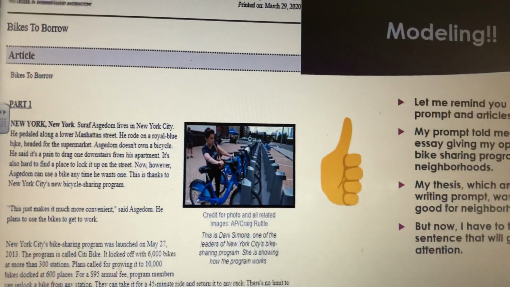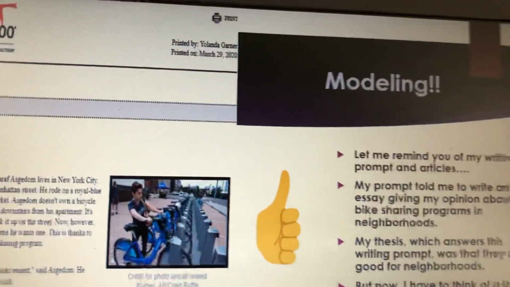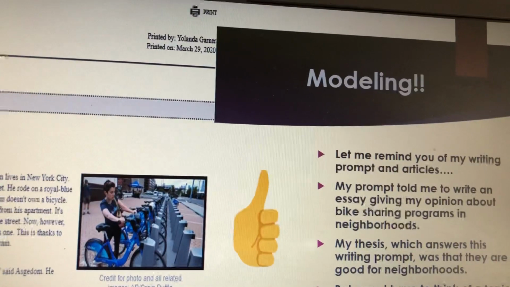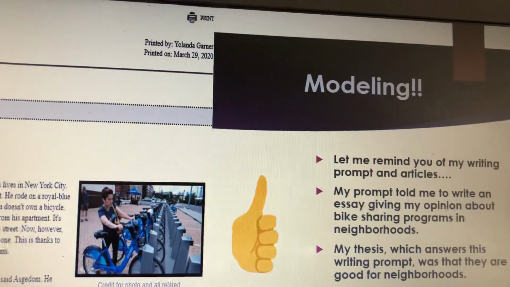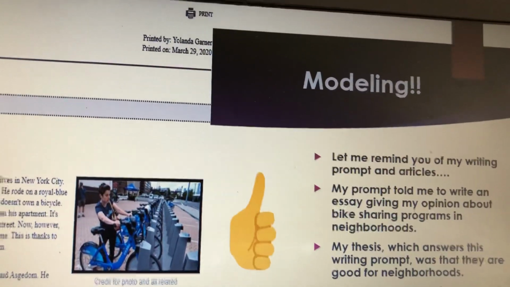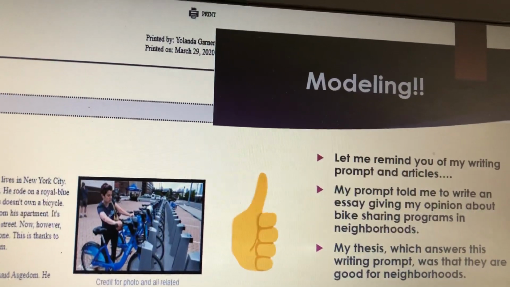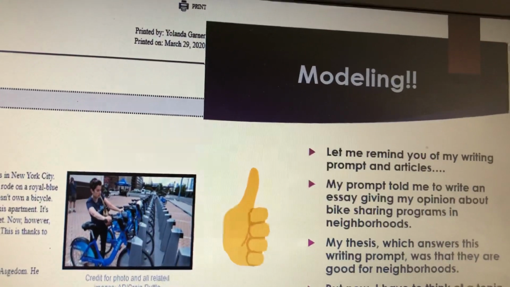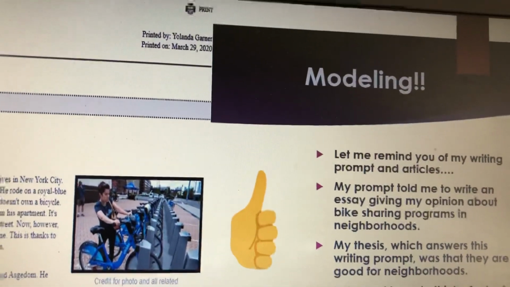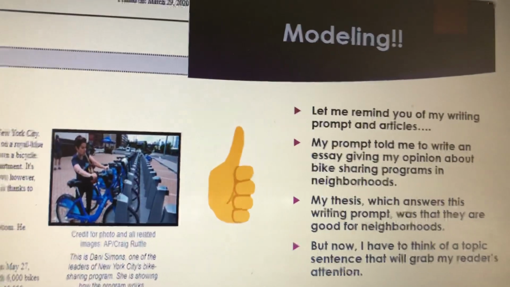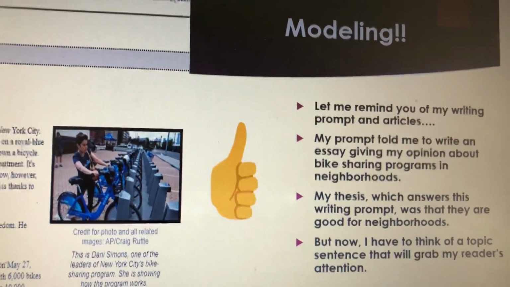The reason I chose that thesis is because the evidence I read through my articles told me a lot of good information about how bike sharing programs are a good idea for neighborhoods. Because remember, your thesis is evidence-based.